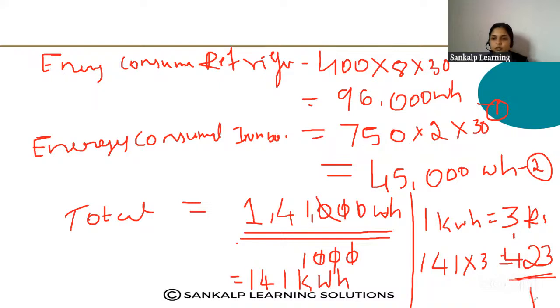So what is the cost? The final answer is 423 rupees. So like this, you should do this sum. Different types of sums are asked on this type of question. I hope you got this question, and I will solve the next question now.